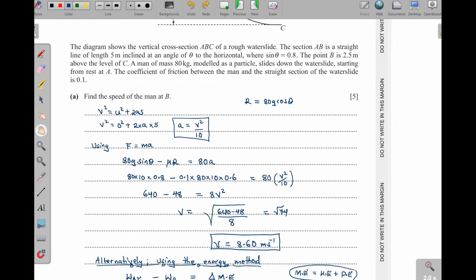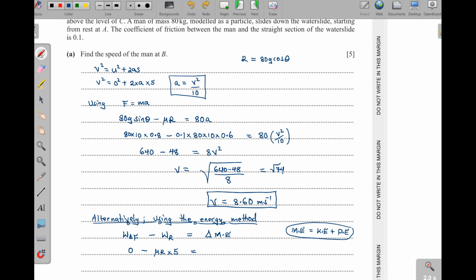So kinetic energy is given by a half, then m, which is 80, and then v squared, which v we are looking for, then minus potential energy is going to be mgh, not so? 80 times 10, then times the h.